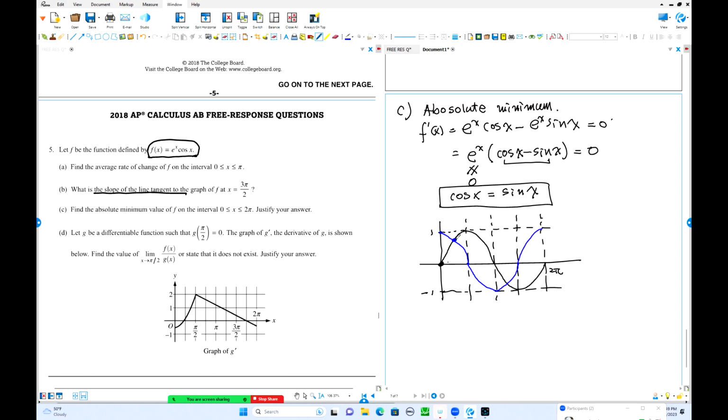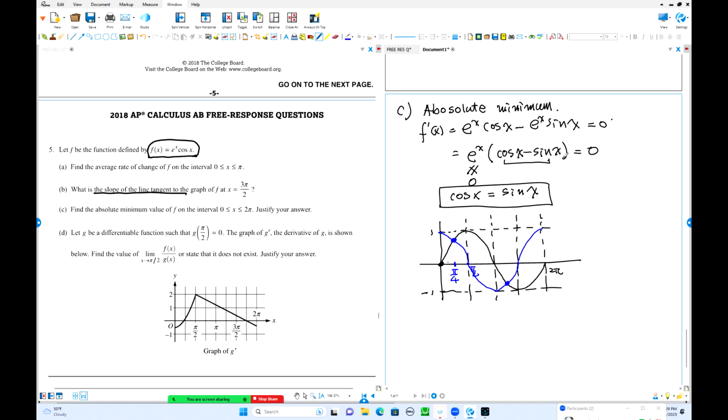So we have two intersections over here, this point and this point. Look at this point, it is a co-function, right? They are equal at pi over 4, 45 degrees in the middle. This is pi over 2, this is pi over 4.